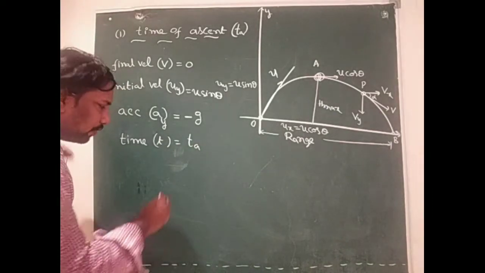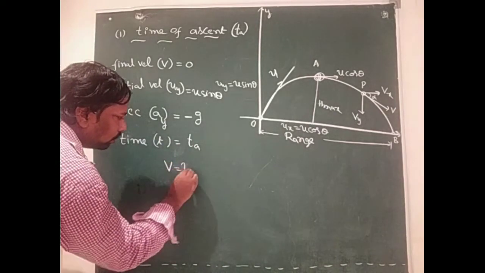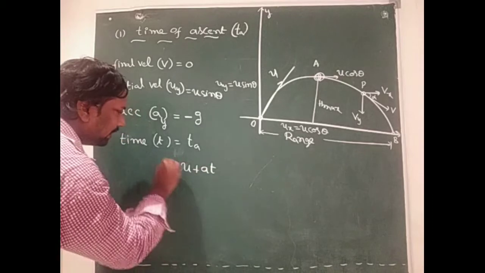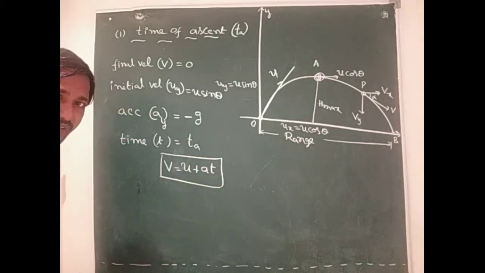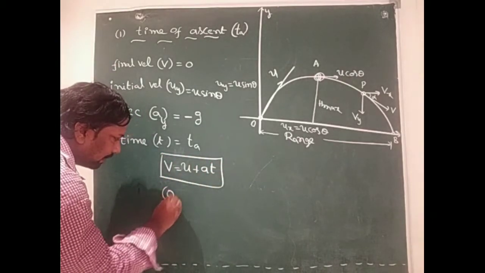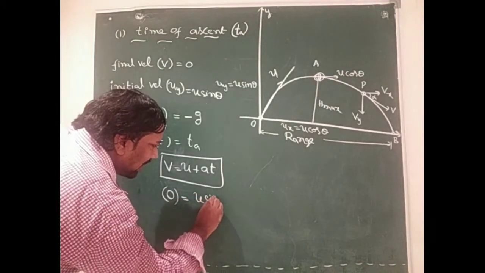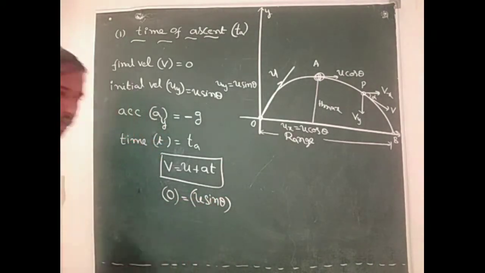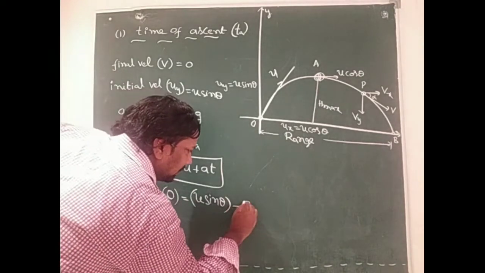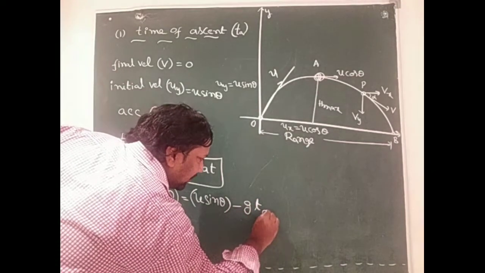Now, using the equation v equal to u plus at, here final velocity at maximum height 0 is equal to u sin theta, here a means minus g into t_a.